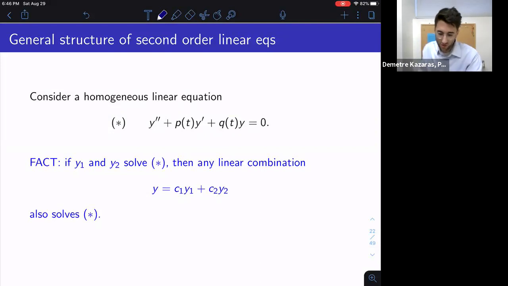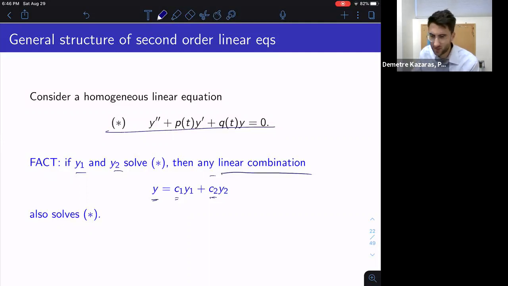Here's one fact. If you have any two solutions to this equation, then any linear combination of them will also be a solution. By linear combination, I mean you just take your two functions, multiply them by numbers, different ones, and then add those things together. That gives you a new function y, and the nomenclature is linear combination, like in linear algebra.